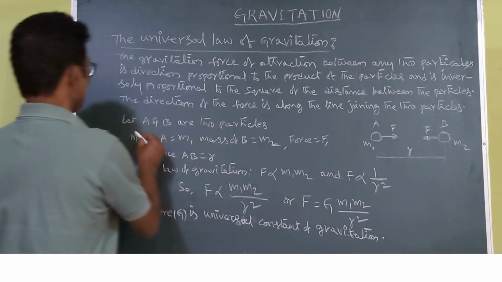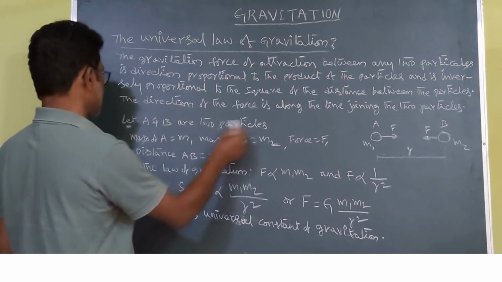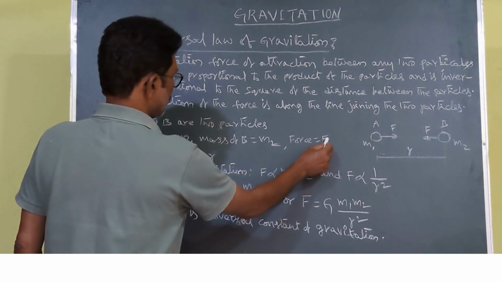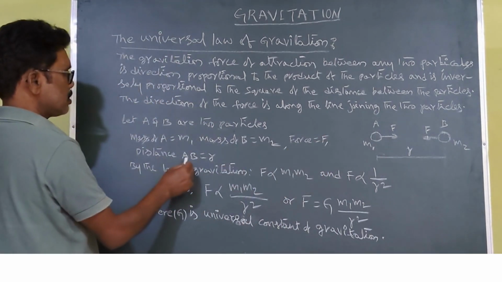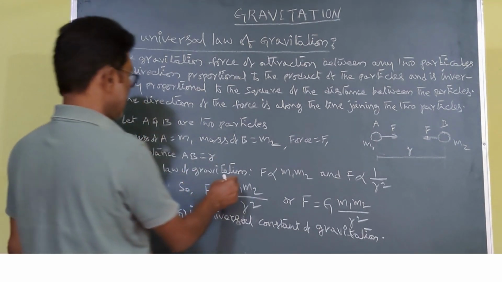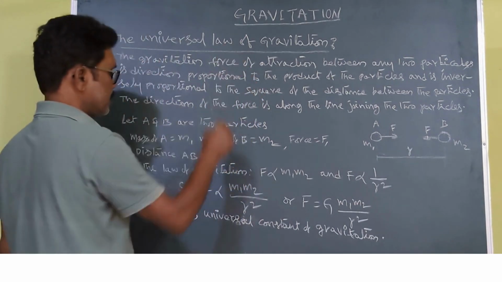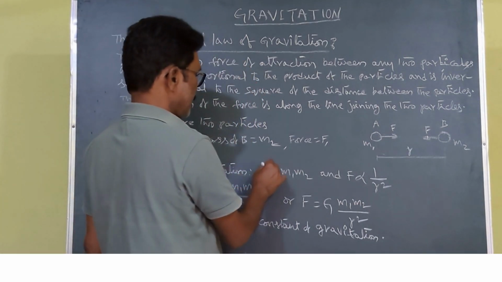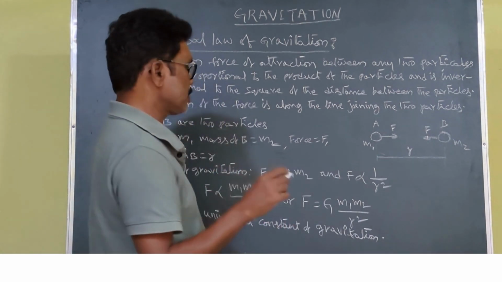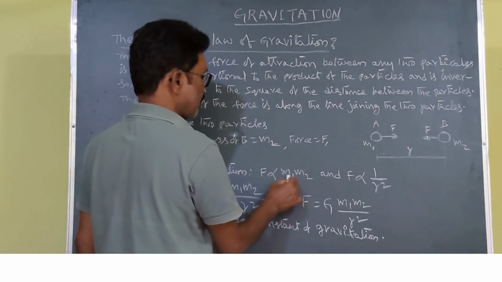The same thing I have written here. Let A and B be two particles, mass of A equals M1, mass of B equals M2, force equals F, and the distance between A and B is R. By the law of gravitation, according to that statement, the force is proportional to the product of the masses of the two particles, the product of M1 and M2.